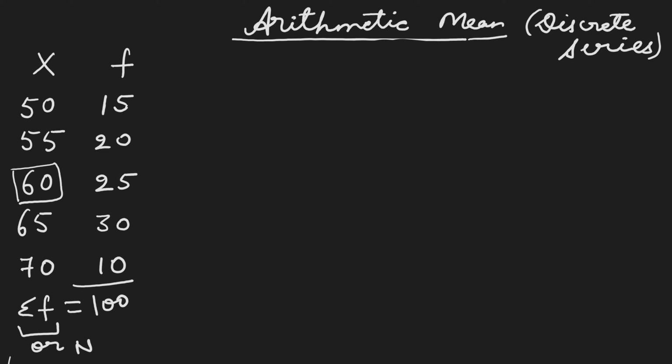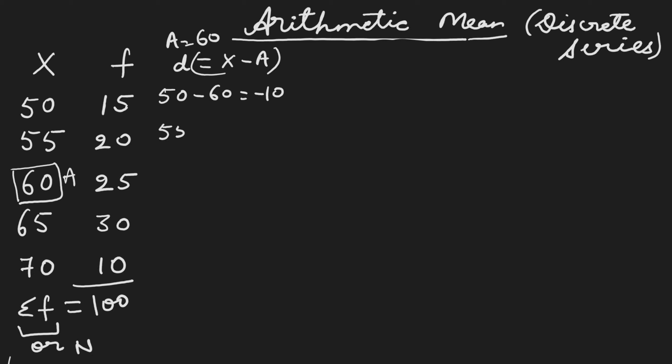So here let's take 60 as our assumed mean. So A is 60 and we will try to find out D. Like we have done in the previous method, D is nothing but x minus A. So 50 minus 60 is equal to minus 10.